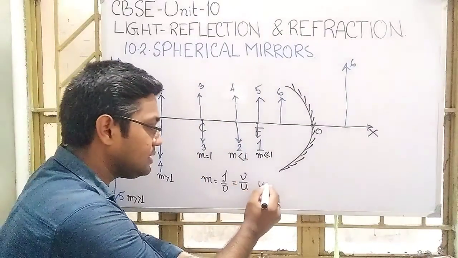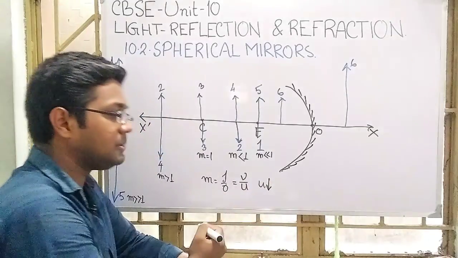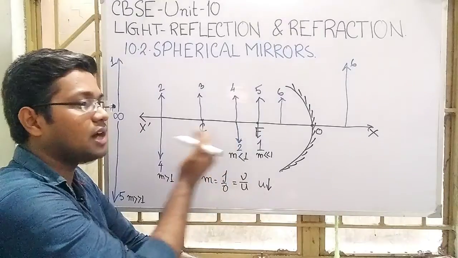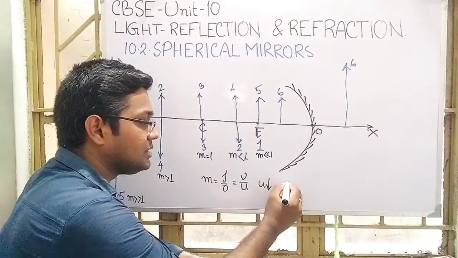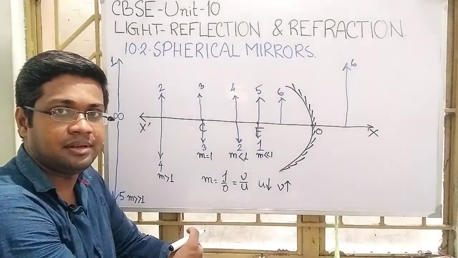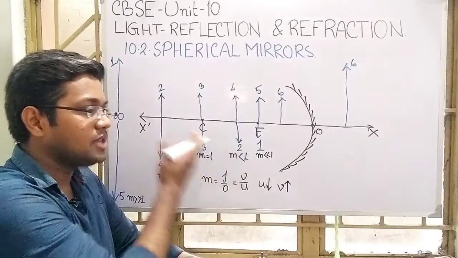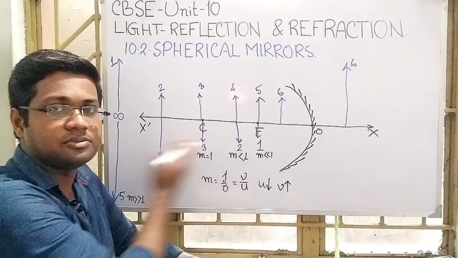U is decreasing, but the image moves outside of the mirror, so we can say V, that is the image distance, is increasing. The object is moving towards the mirror, and the image comes outwards from the mirror.